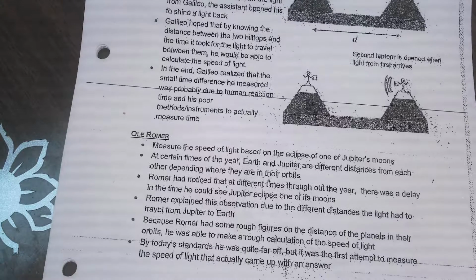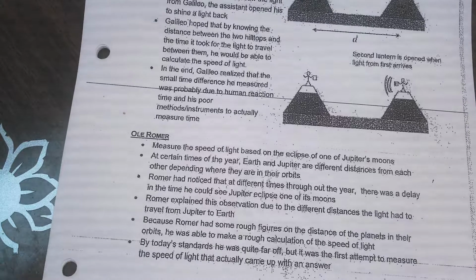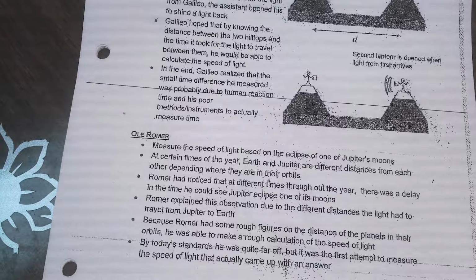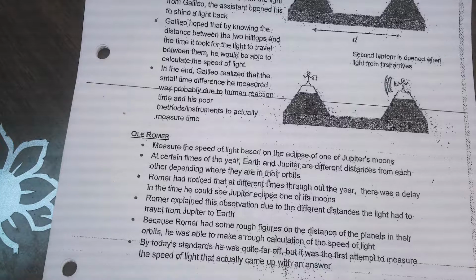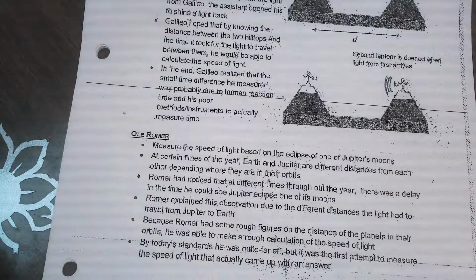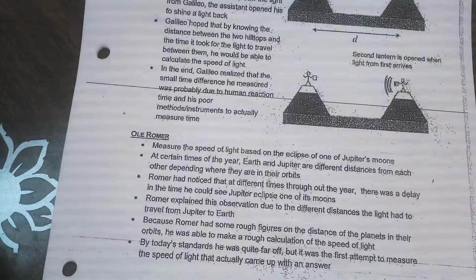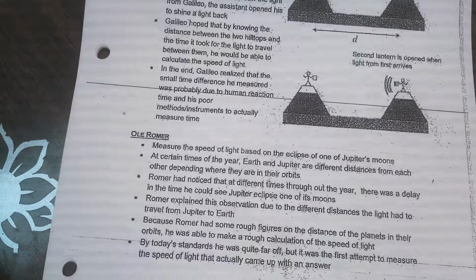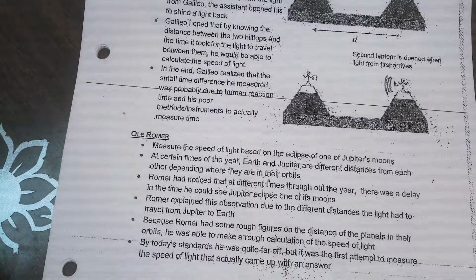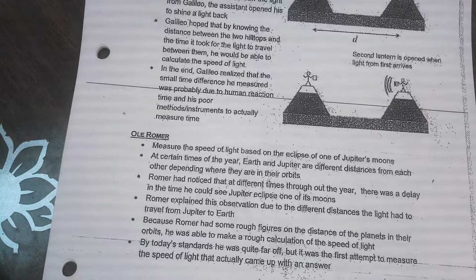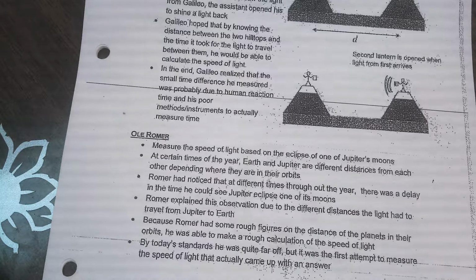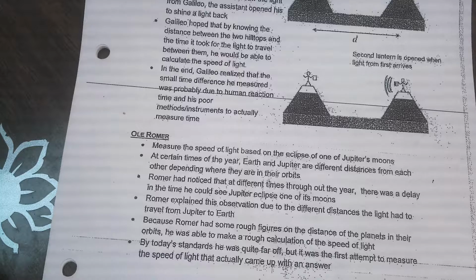Then Ole Romer came along, and he figured out the speed of light based on the eclipse of one of Jupiter's moons. We looked at orbital circular motion when we were in Physics 20. At certain times of the year, Earth and Jupiter are different distances from each other depending where they are in their orbits. But what he noticed was that there was a delay in the time he could see Jupiter eclipse one of its moons.